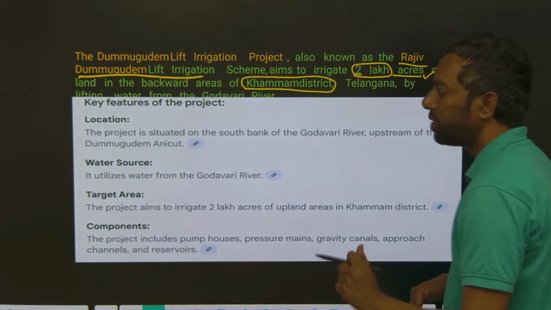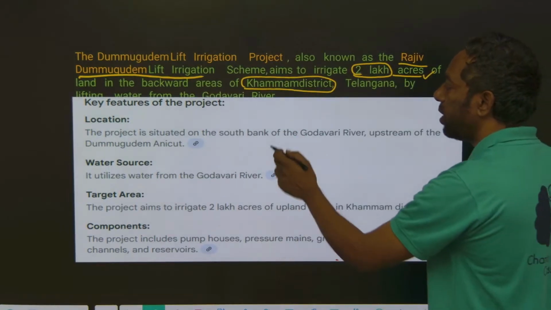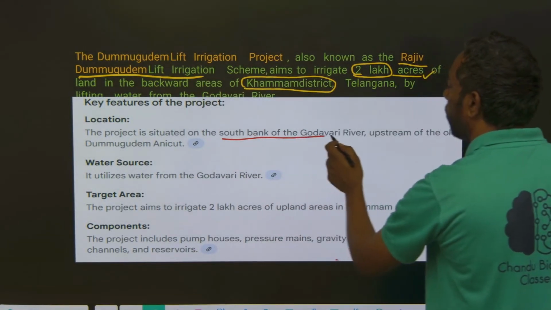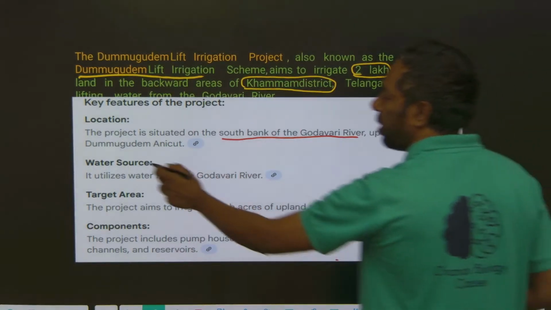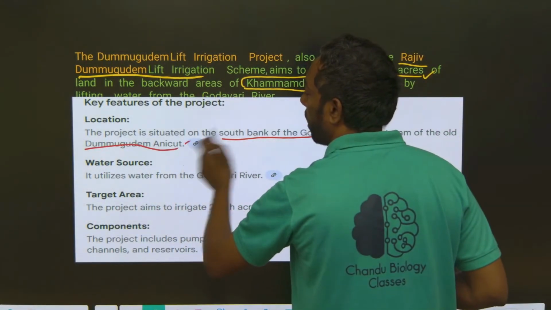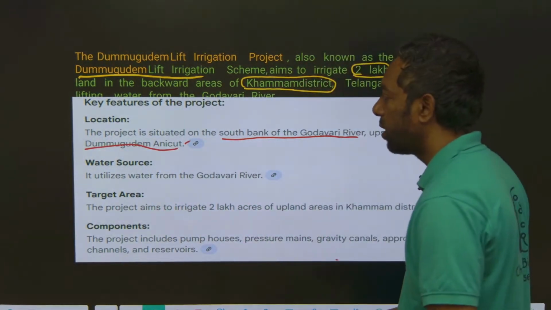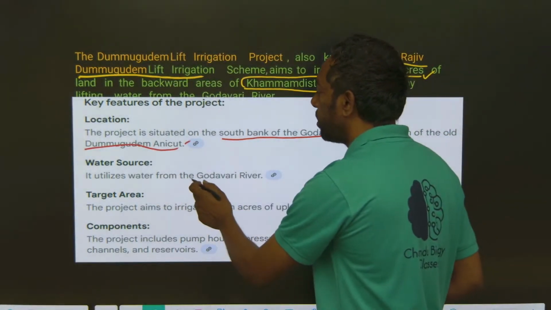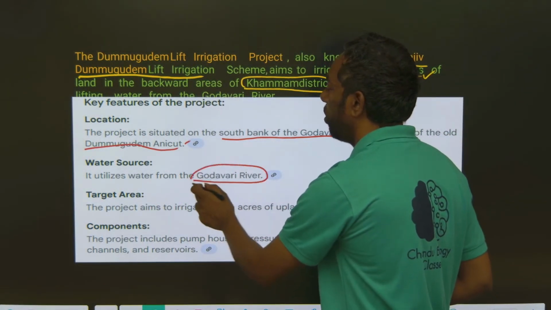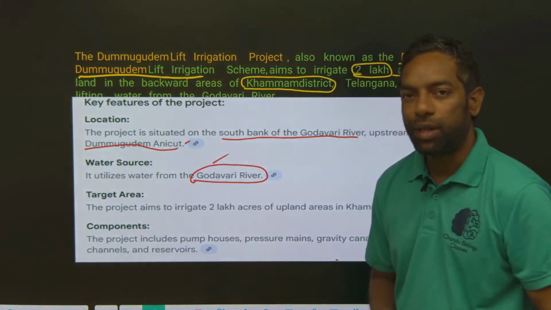Location: situated on the south bank of the Godavari river, upstream of Dummugudem Anicut. The water resource is the Godavari river.